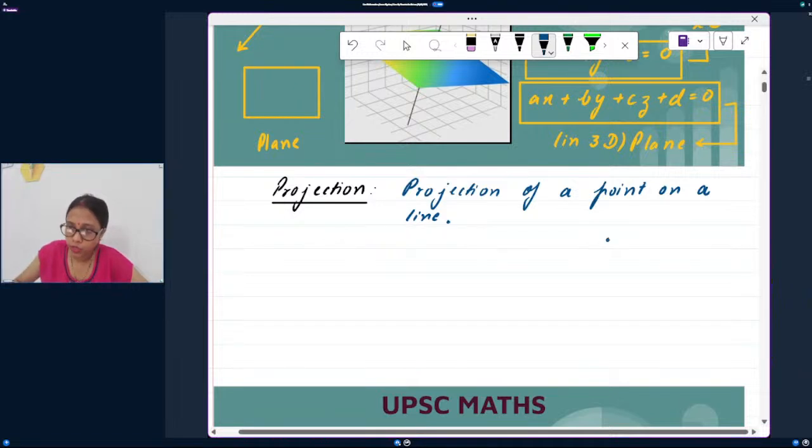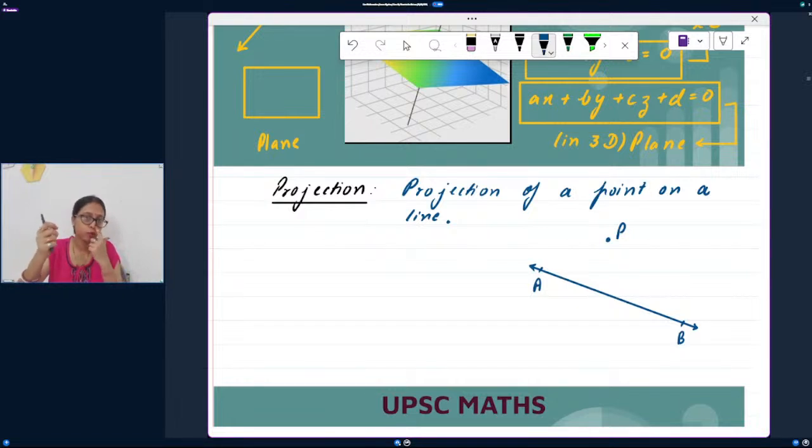So this is a point P and this is a line. Okay. This is line AB. So how to take projection of a point on a line? Very simple. You just drop a perpendicular.